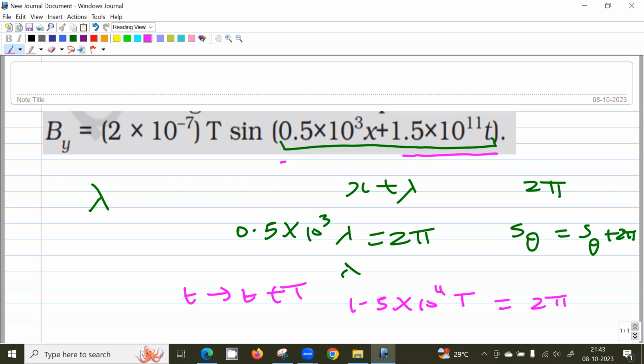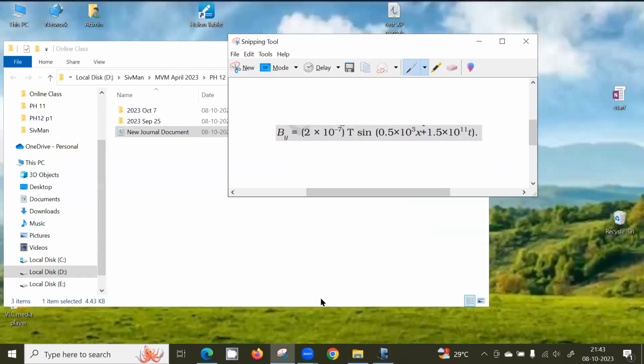That means this argument should not change when I change t to t plus capital T. So from this I'll get 1 by T, taking this side, as 1.5 into 10 raised to 11 divided by 2 pi. That is the frequency. So they are done.